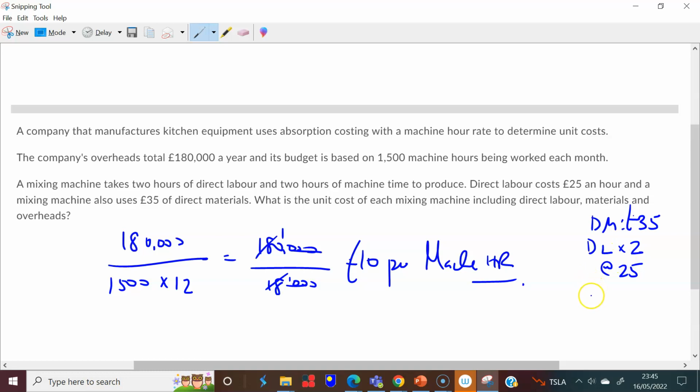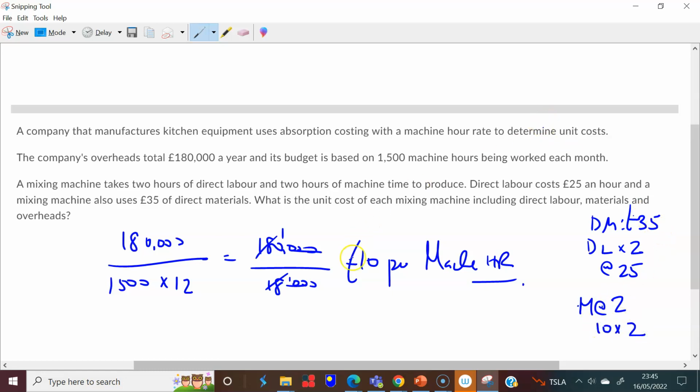And overheads are based on machine hours. So direct labor is £25 and it takes 2 hours of direct labor and 2 hours of machine time, with machine hours at £10 an hour, so machine time is 10 times 2.